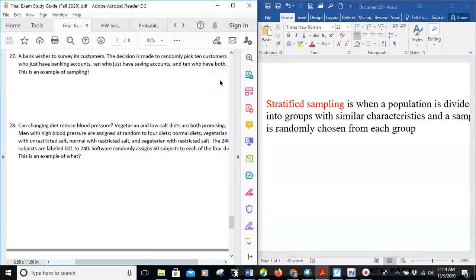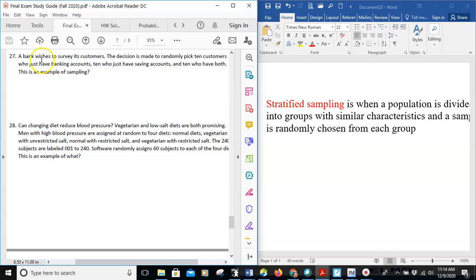All right, so it says again, the decision is made to randomly pick 10 customers who have banking accounts. So we have just a random group of the population there of people that have bank accounts. And then there's 10 with savings accounts, and then there's 10 that have both. So they divided the population into different groups, one with just savings accounts and one that has probably a checking account and a savings account, right?